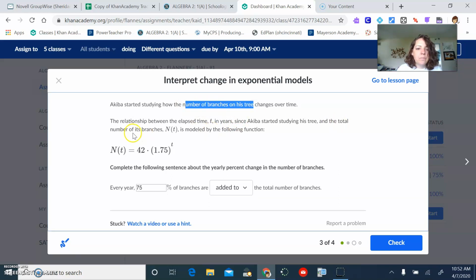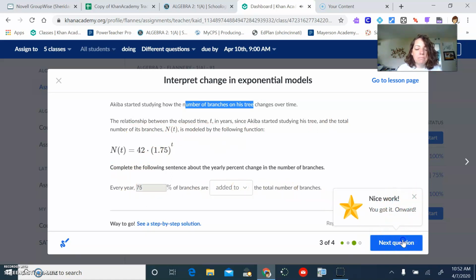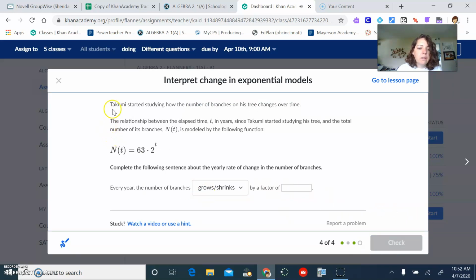Well, that's kind of cool. It's modeled by this function. So every year, 75% of the branches are added to the number of branches. Takumi, I love that name, started studying how the number of branches on his tree changes over time.